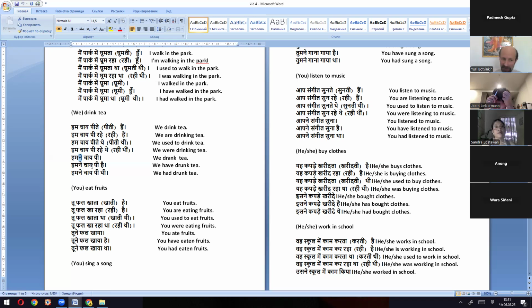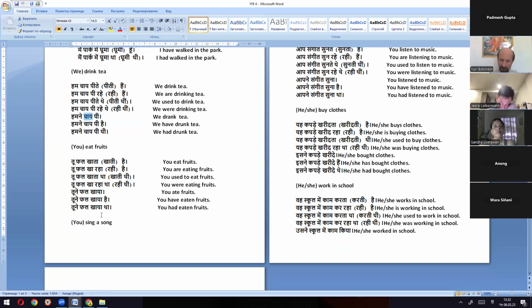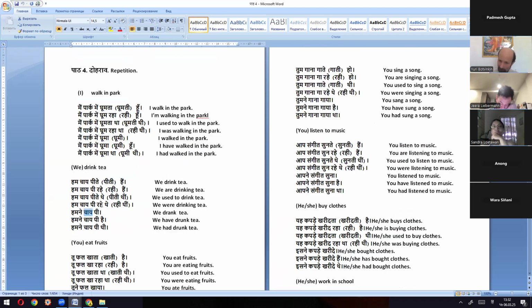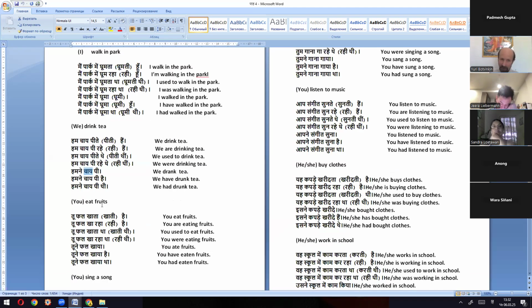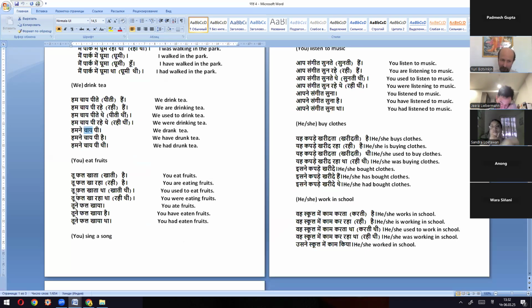So here comes ne. We say pi because chai is feminine. हमने चाय पी है, we have drunk tea. हमने चाय पी थी, we had drunk tea. With every pronoun you can read and practice this kind of tenses. Right?